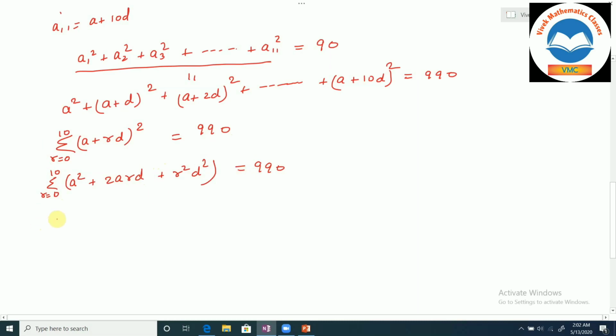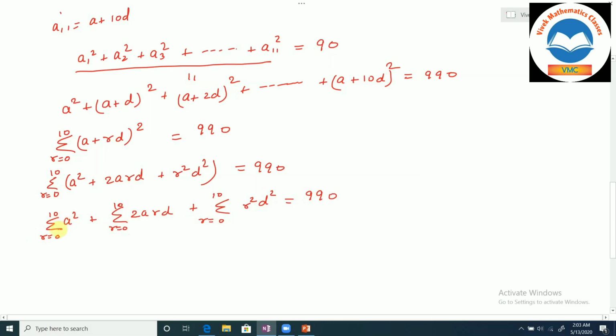Then if you expand it, this will be summation r equal to 0 to 10 a square plus summation r equal to 0 to 10 2ard plus summation r equal to 0 to 10 r square d square, and this value will be 990.